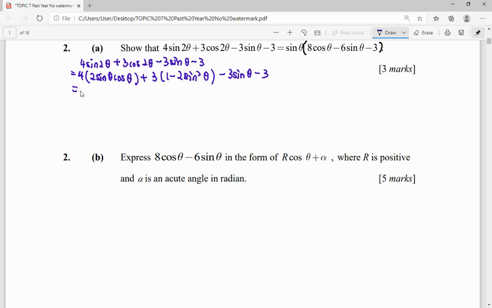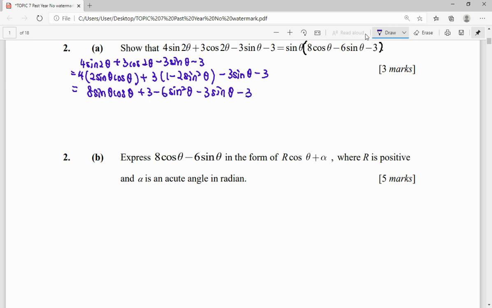And then when we simplify it, we can get 8 sine theta cos theta in our first term here, and then plus 3 minus 6 sine square theta, and then minus 3 sine theta minus 3.